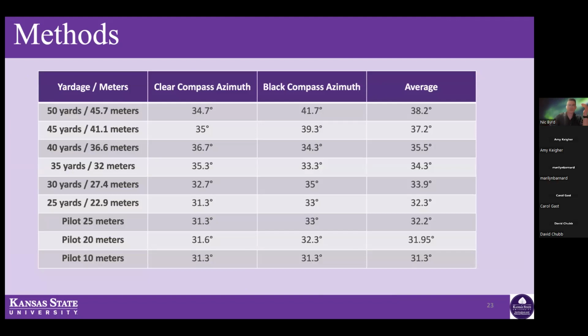And having done this multiple times during the study, we were able to get an average of 38 for 45 meters. I should have gone 5 yards more to reach 50 meters, but I didn't think of it. So hindsight is 20/20, but we were able to get an average close to the 40-degree angle that was quoted to me from Bushnell.